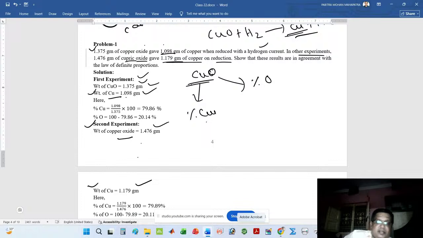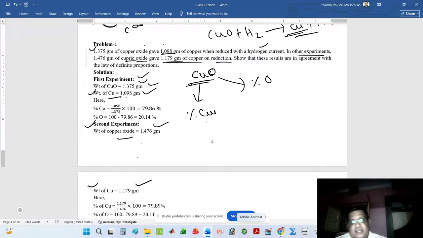Again, I want to repeat: if you prove the percentage of copper in the first experiment is equal to the percentage of copper in the second experiment, and simultaneously prove the percentage of oxygen in the first experiment is equal to the percentage of oxygen in the second experiment, then you can say that the copper oxide used in the first experiment has the same composition as the copper oxide taken in the second experiment.